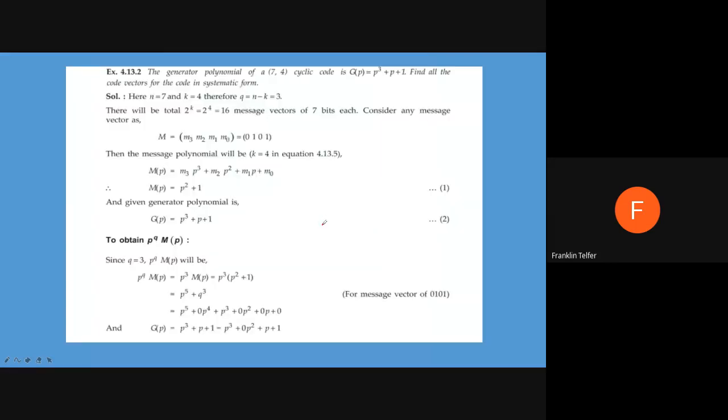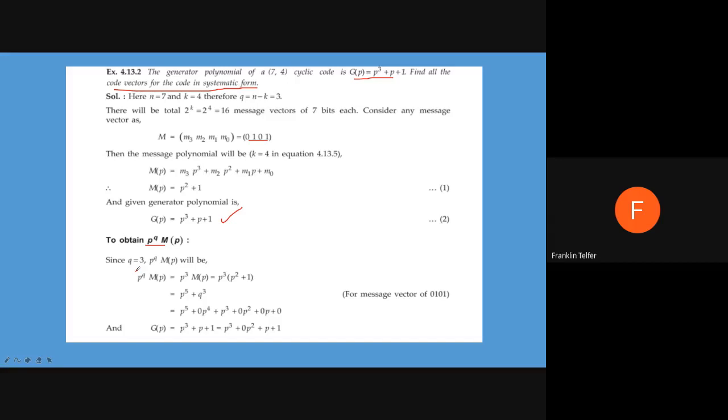So the next problem is the systematic form. Similarly, same thing, a (7,4) code with g of p equal to p cube plus p plus 1. Find all the code words in systematic form. So with the same formula, take 0101 as a message signal and convert it to a polynomial. You will have p square plus 1, and p cube plus p plus 1 is the generator polynomial. To obtain p power q times m of p, we have to find out what q is. q is n minus k, right?